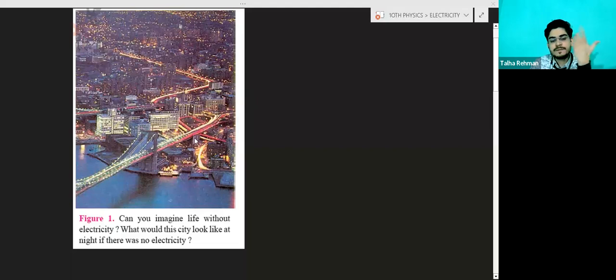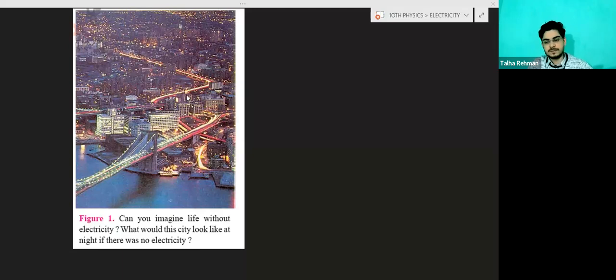See, this is some city, and the effect of electricity on the city means everywhere there is lighting, and there are several kinds of very important works that are going on due to the presence of electricity. So right now, in 2022, we cannot imagine a life without electricity.